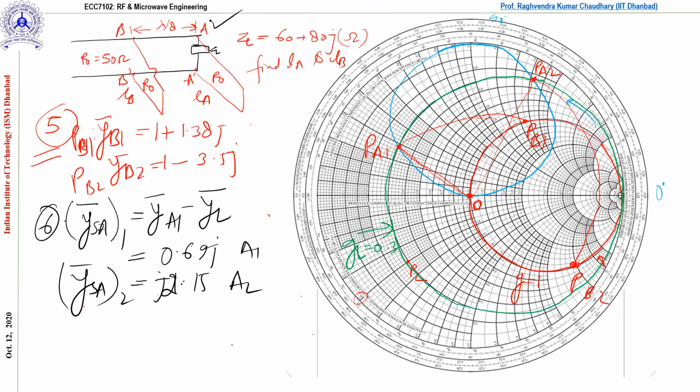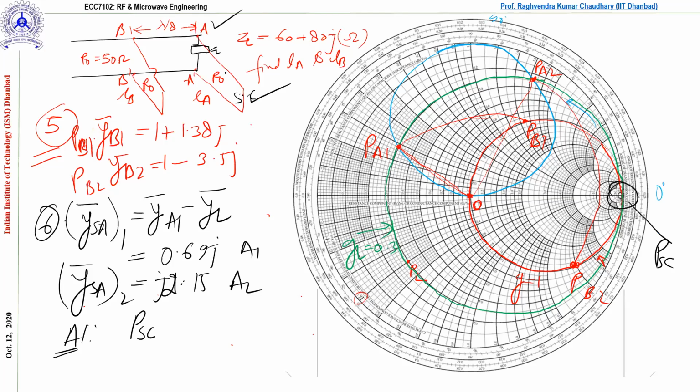Fine. Now how will you find LA1, the first possible solution? For A1, what we need to do is move from PSC. Where is the PSC point? The PSC point is this short circuit. Why short circuit? Because here we have a short circuit.